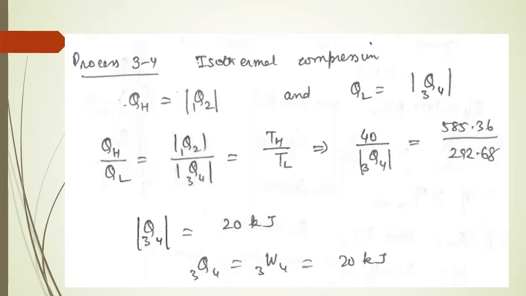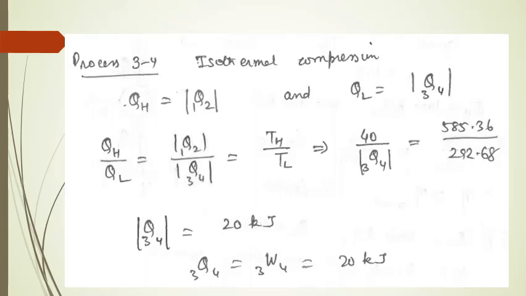They are not concerned with the sign of heat transfer. So QH upon QL is equal to TH upon TL for a Carnot cycle. So from this we can determine the value of Q34, and that comes out to be 20 kilojoule.